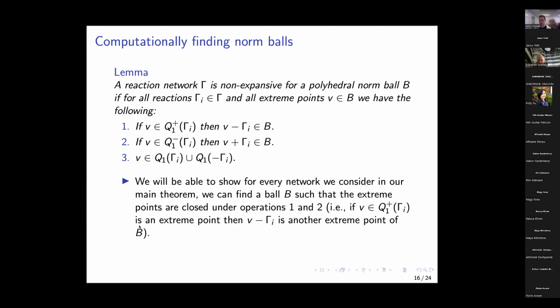Then you check if that point is still inside the ball. And if it's negative, you add the vector. If the ball is closed under these operations, producing new vectors that are still in the ball, you will be non-expansive for this ball.